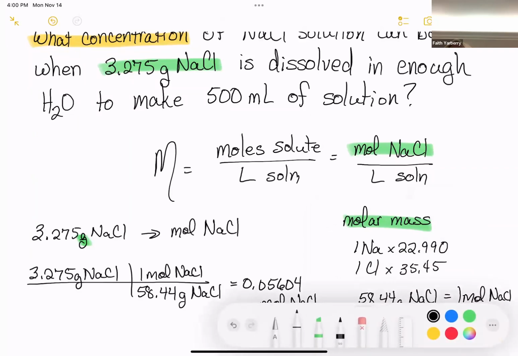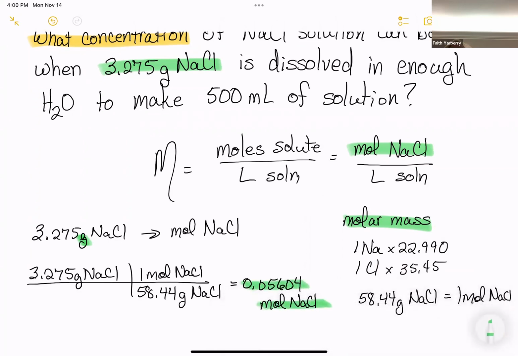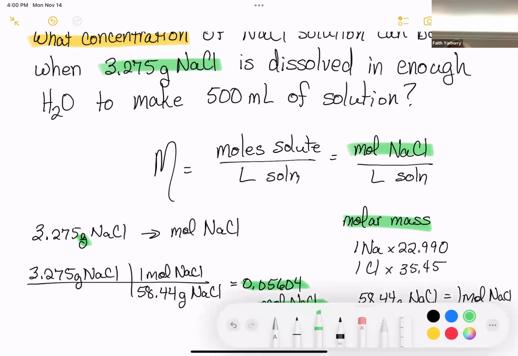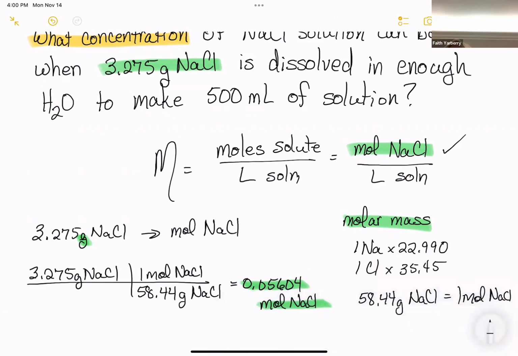I now have my numerator, 0.05604 moles of NaCl, because that is what I originally needed.